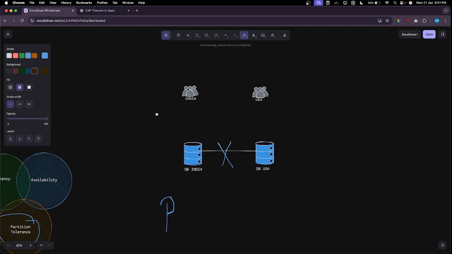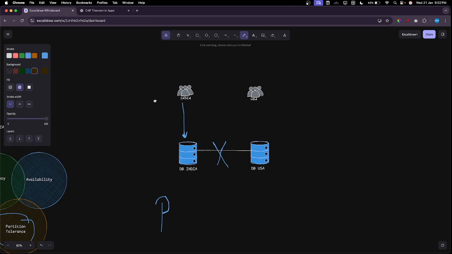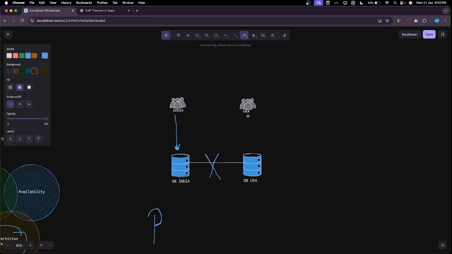Because let's say a user from India posts something on the social media, so it will go to the India database, and as there is a network split, it won't be inserted into the US database. And let's suppose a USA user refreshes their feed, but there is still a network partition.